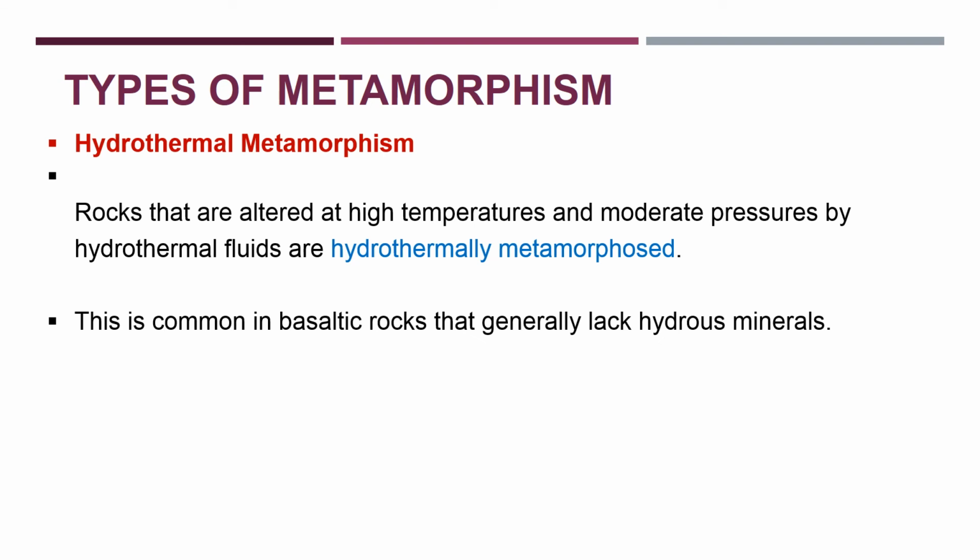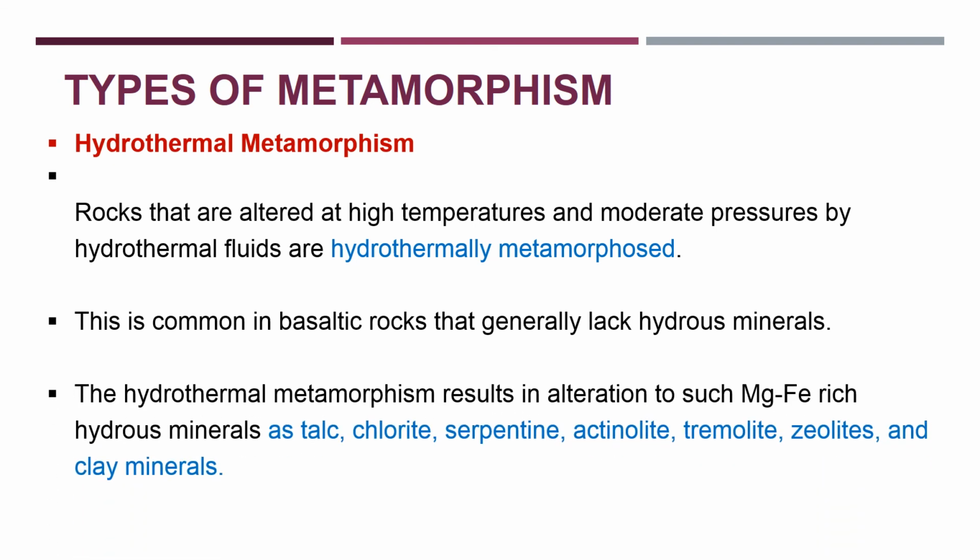It is common in basaltic rocks, which generally lack hydrous minerals. Hydrothermal metamorphism results in alteration to magnesium and iron rich hydrous minerals like talc, chlorite, serpentine, actinolite, tremolite, zeolite, and clay minerals.